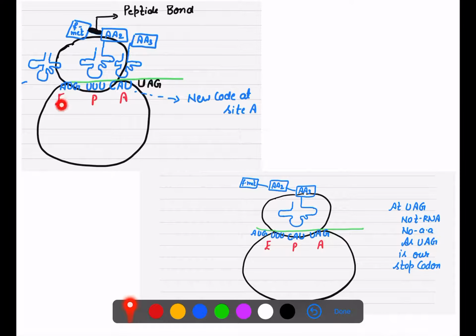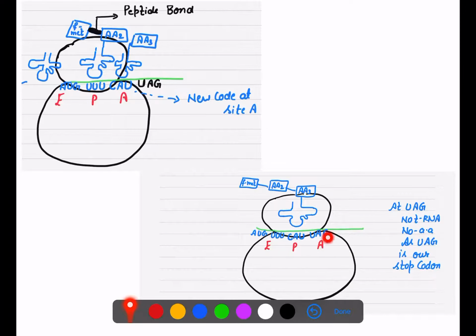Now as you can see, at the E site there was AUG, and it was forming a peptide bond. With the movement of this ribosome, this UUU will reach the E site, then the new amino acid which was on A will come to P, and one more will be added here.